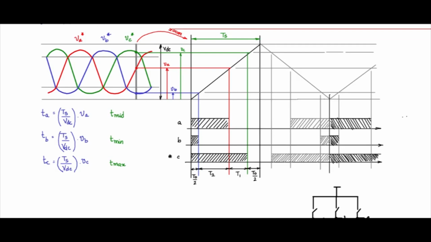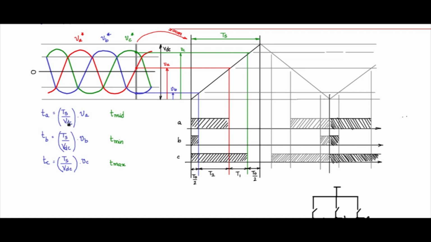Let me now indicate a problem to you. You see that these ABC phase waveforms are AC waveforms where the 0 is like this. So above the 0, VA, VB, VC are positive. Below the 0, VA, VB, VC are negative. So when I directly use this equation, TA is equal to TS by VDC into VA, TB is TS by VDC into VB, TC is TS by VDC into VC.